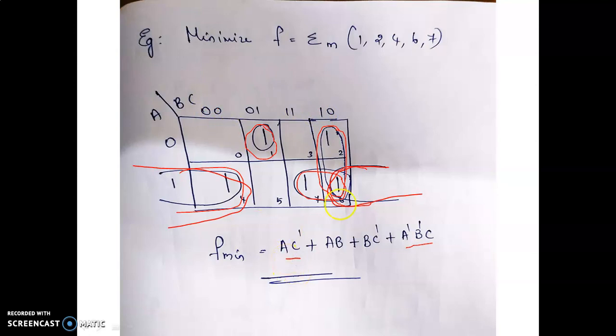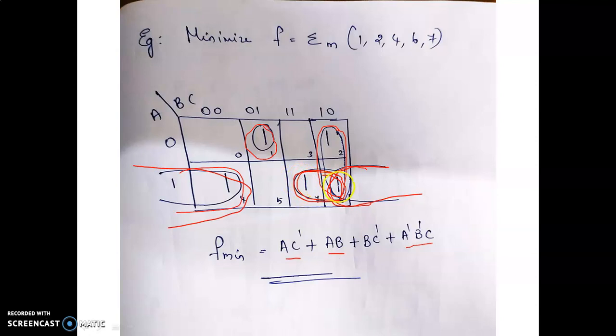Okay. Then the remaining ones are this one, this one, and this one. So this one can be grouped with this adjacent one. So this is the second group. When you group like that, what you'll get is A B. So that is also grouped.